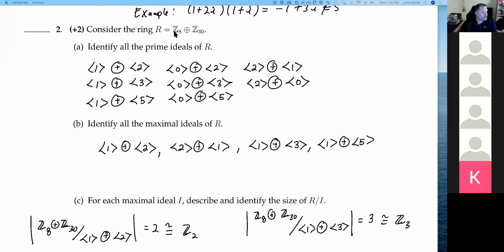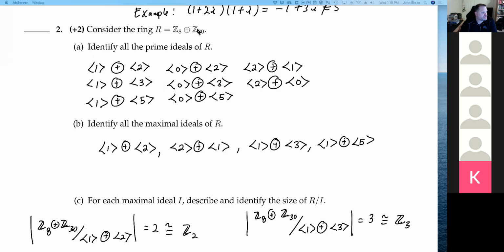The prime factor of 8 is 2, so I can pair that up with 0 and get a prime ideal. I can also generate the entire ring. So the prime ideals turn out to be, for Z8, 1, 0, or 2.